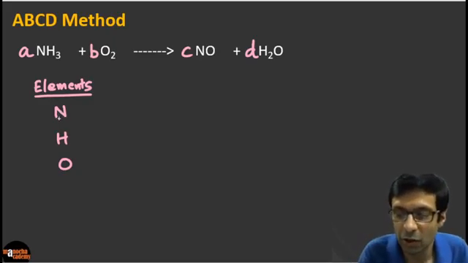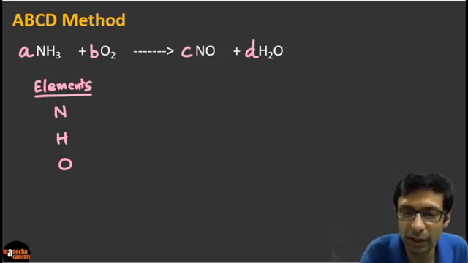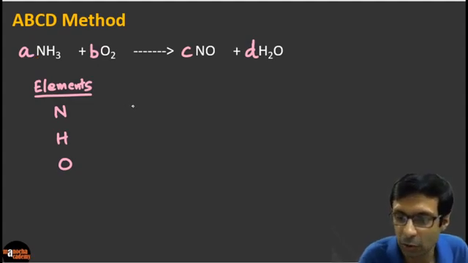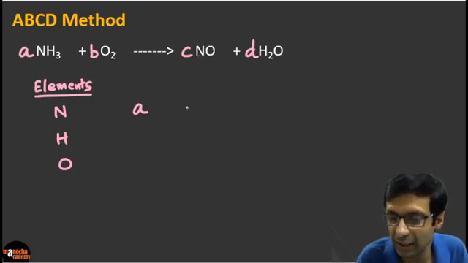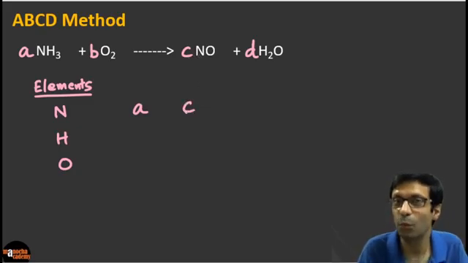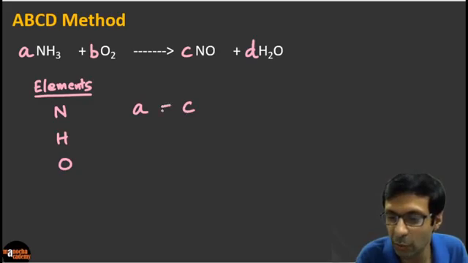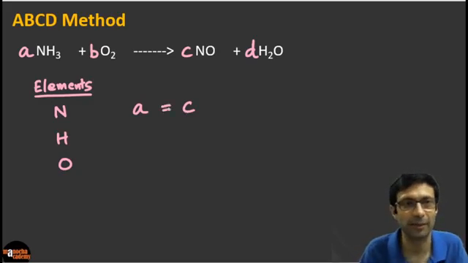How many nitrogen atoms on the left? Can you see? It's A times 1, so that's going to be A here, right? And how many nitrogen atoms on the right? Can you see? It's C. Since we want them to be equal, we're going to write this equation: A equals C.